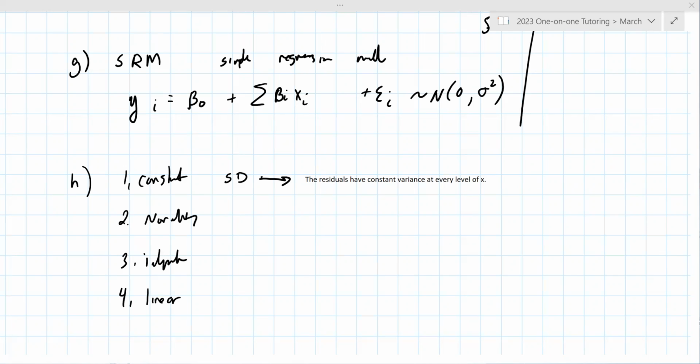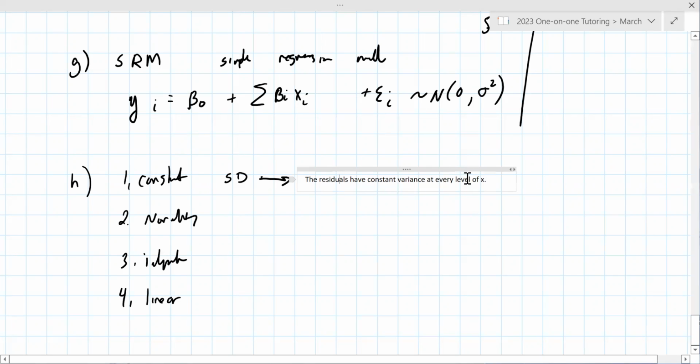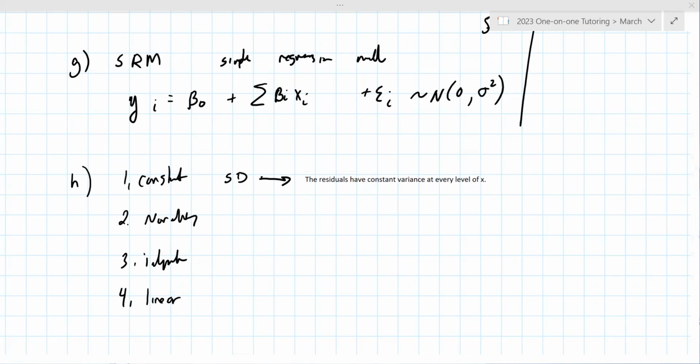But that feels like more of a sampling issue, whereas the residuals having constant variance at every level of X is a calculated thing that you're going to see. Well, I can definitely learn those four. This can be in my brain now.